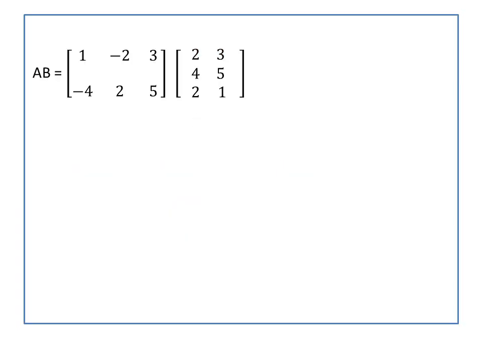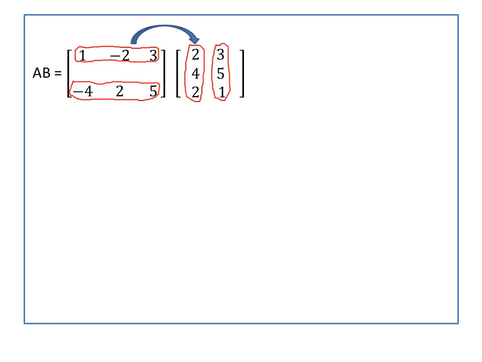Now, let us see how to multiply the matrix A and B. The product of AB is like this. If I multiply first row of matrix A to the first column of matrix B, it gives the first position element.